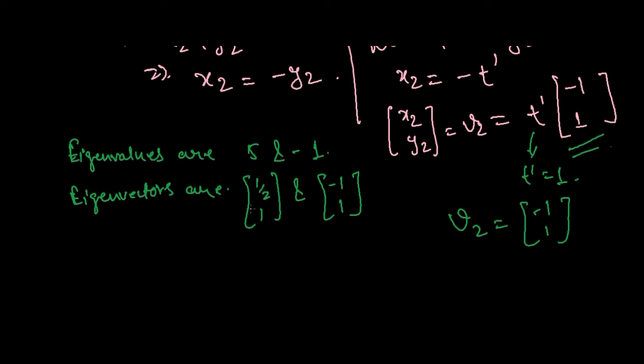Or by just multiplying by 2 we can write it like (1, 2). It looks better. Okay, so you can multiply it by any constant, or you can try to find a different set of eigenvectors. So this is it.